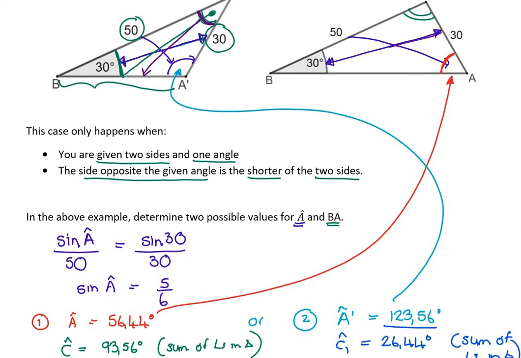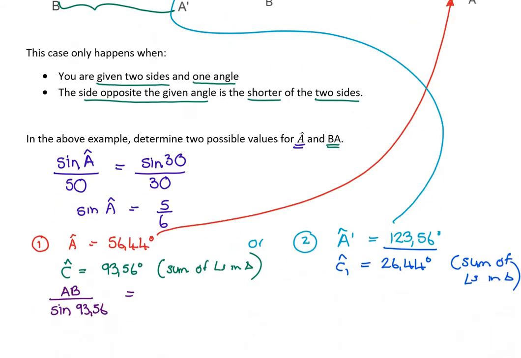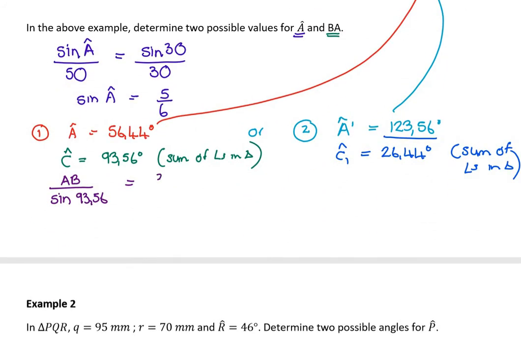I was given 30 opposite sine 30, so I'm going to use that. So that'll be equal to 30, but that's opposite sine of 30 degrees. So I multiply by sine of 93.56 on both sides, and I get 59.88.